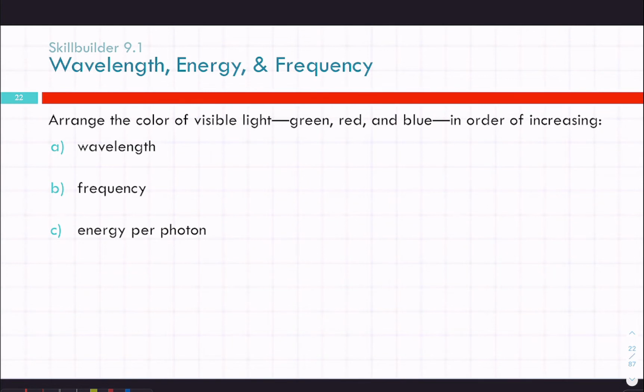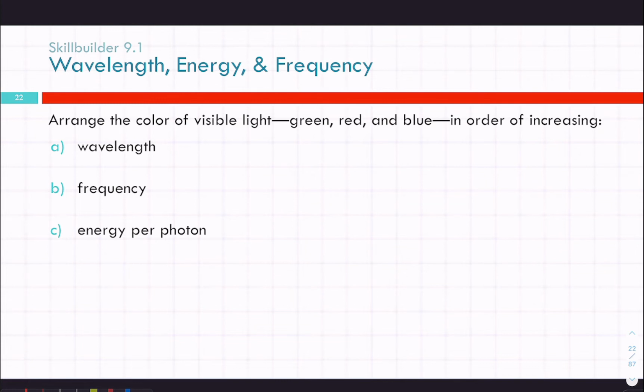Okay, so if we've got these visible colors of light, we've got green, red, and blue. In order of increasing wavelength, what order would we put them? So if we're thinking about wavelength, for increasing wavelength, I even have to think about it a little bit.